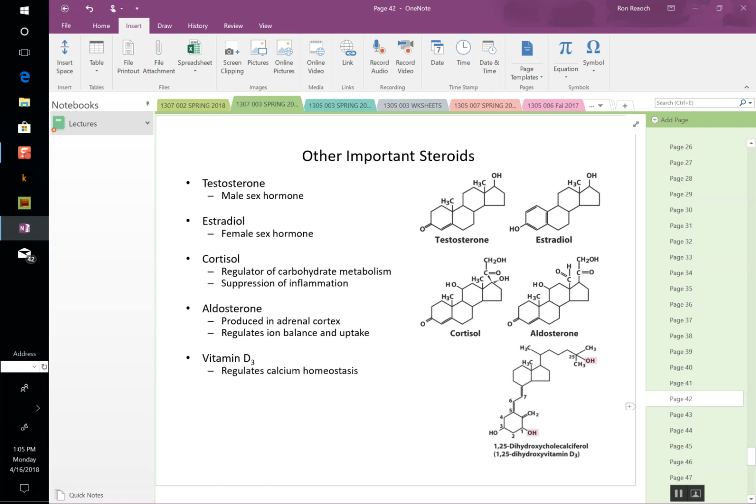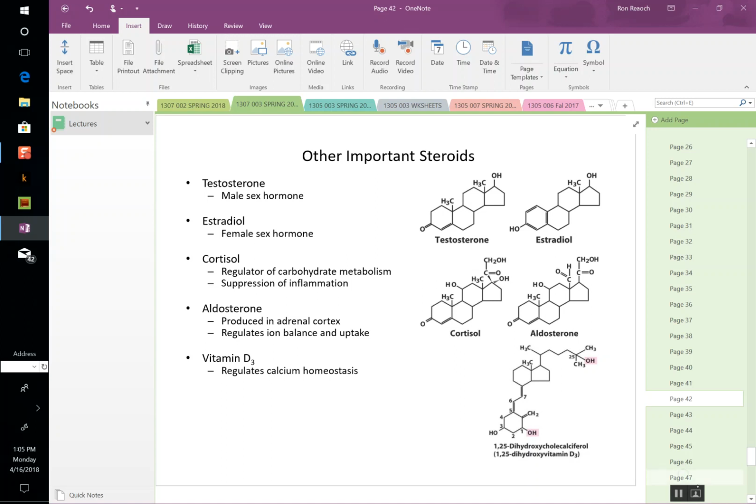I won't say draw testosterone or estradiol. I don't expect you to nail these things down to that level, but I will say this: draw the steroid nucleus. So I expect you to know what is the fundamental structure that is associated with steroids in general.